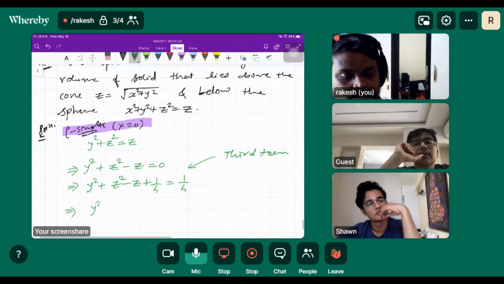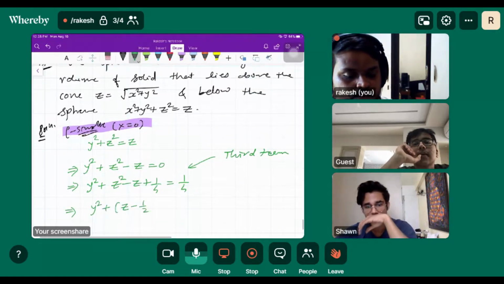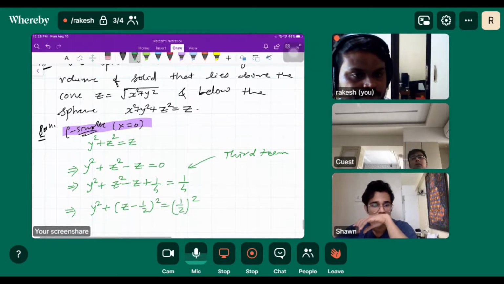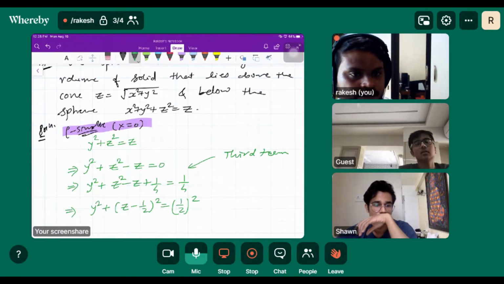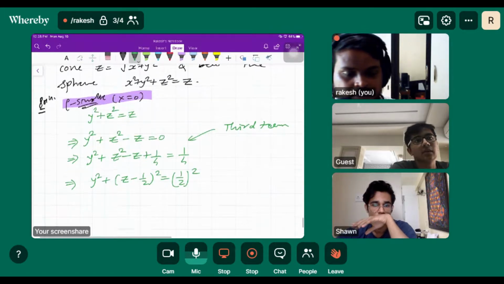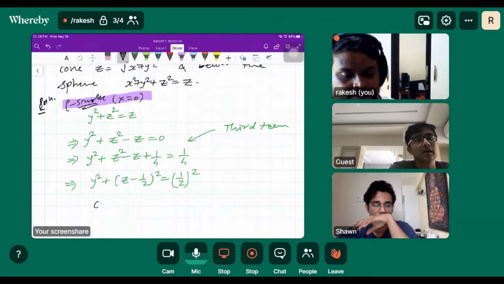So y square plus z minus 1 over 2 the whole square equals 1 over 2 the whole square. What is this? You are still not getting it? This is a circle.